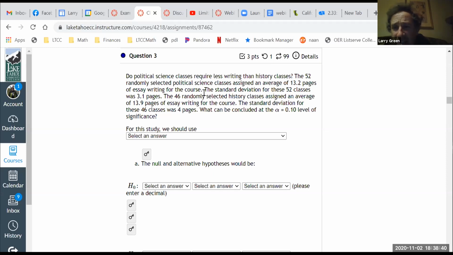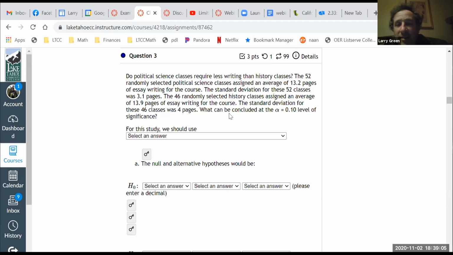Probably not average, because these are assigned, but just how many pages do you assign in your class? And the answer is going to be a number. Oh, I assign 15 pages. Do you see how that works?